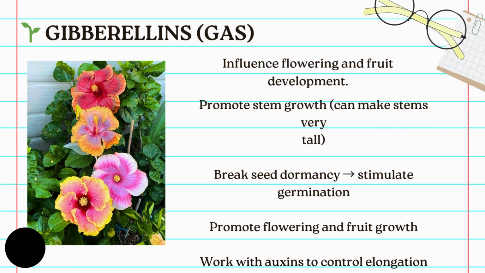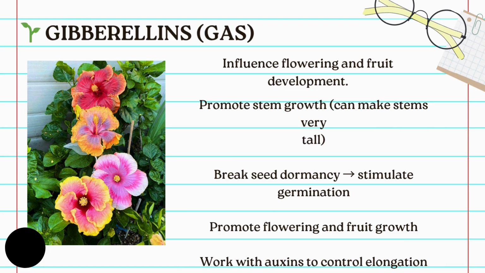It promotes stem growth, making the plants grow taller. It breaks seed dormancy, meaning that it stimulates the seeds to start growing. It promotes, as I mentioned, flowering and fruit growth. That is its main function, and it works together with auxins to control elongation of the plant.